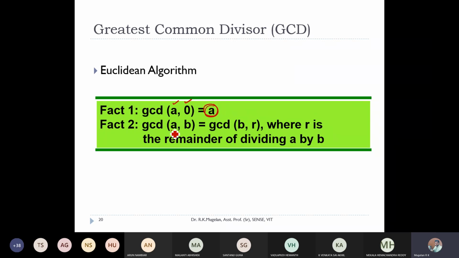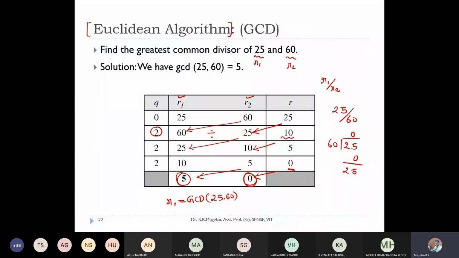And GCD of A, comma B equals GCD of B, comma R, where R is the remainder of dividing A by B. That is, if you divide A by B, you'll get some remainder, so the GCD of A, comma B will be equal to the GCD of B, comma R. These two facts you have to remember. This is the basic of the Euclidean algorithm.